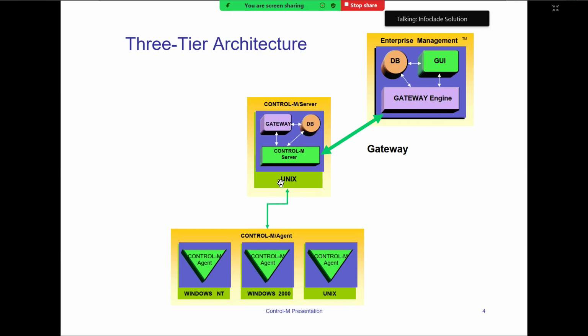It is only accessed by the admin team, so they will maintain this server. This is a kind of central engine where the job scheduling will happen, and based on the job definition, it will trigger.